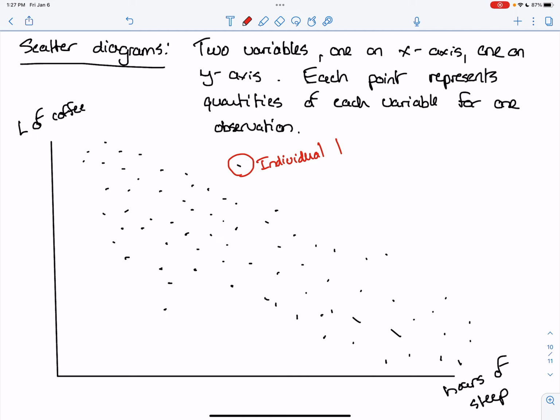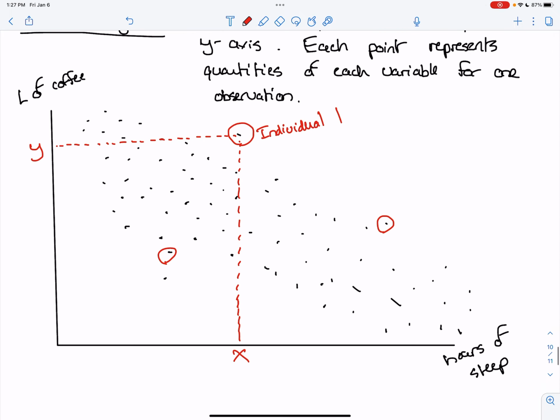And they answered some number, and that number was this number here, call it Y. And then, how many hours of sleep do you get in, I don't know, a year or a week, whatever, it doesn't matter. And they gave whatever number of hours this is. That's how the researcher got that data point. And then they did the same thing for all of these other individuals, and graphed all of these observations here.